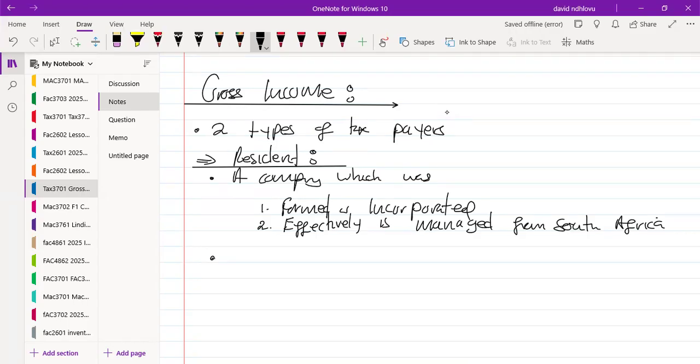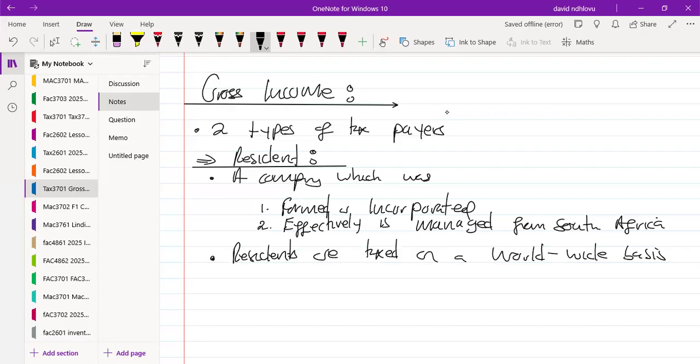Now, the key thing about the resident of South Africa is that residents are taxed on a worldwide basis. So what it means is it doesn't matter where you are in the world and where you earn income.